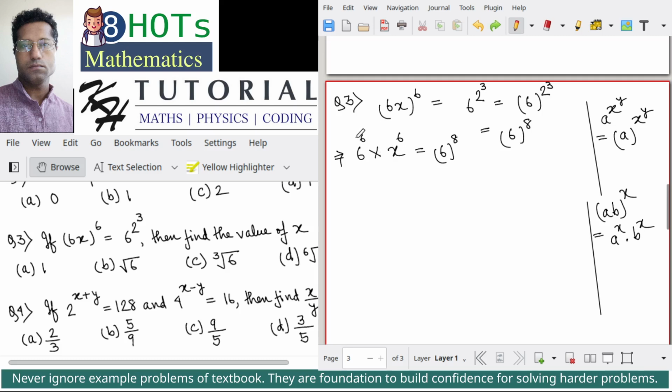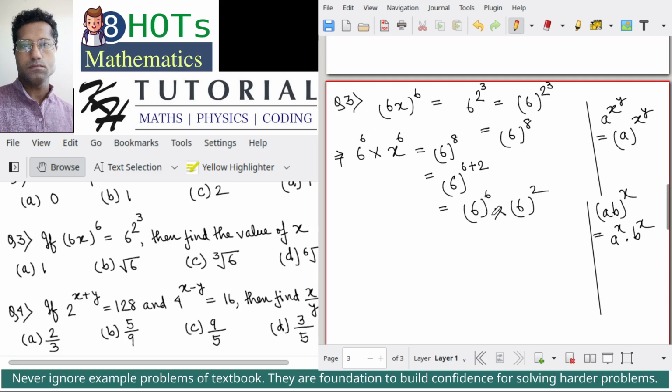So I will have to somehow form this factor 6 to the power 6 from the right hand side, and I can clearly do it, because 6 to the power 8 is nothing but 6 to the power 6, since 8 can be written as 6 plus 2. So this is equal to 6 to the power 6 multiplied by 6 square.